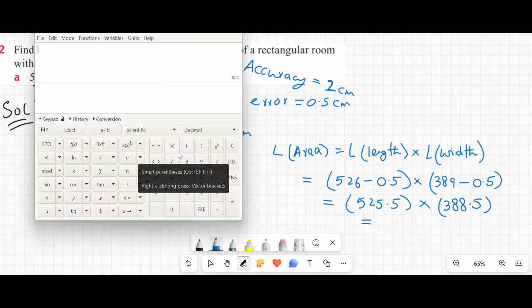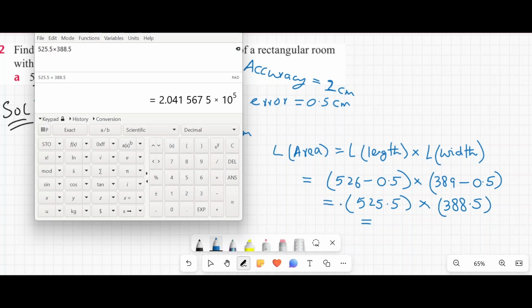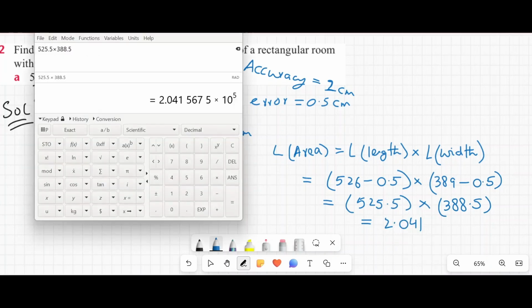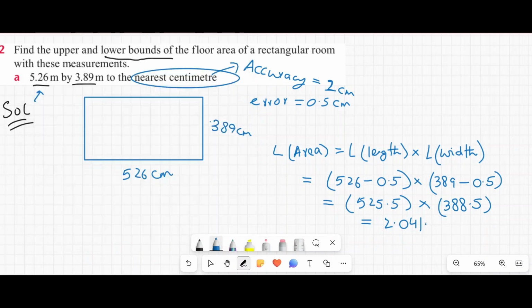By using the calculator, 525.5 into 388.5, now we got 2.04156, that is 2.0415675 into 10 raised to 5.